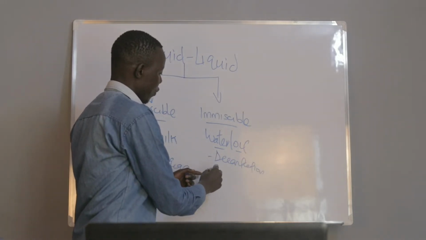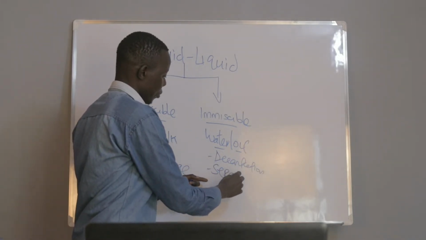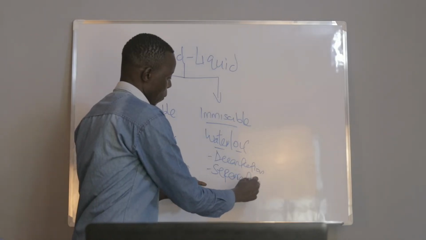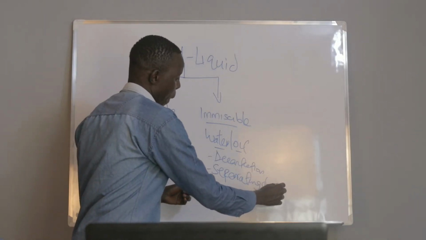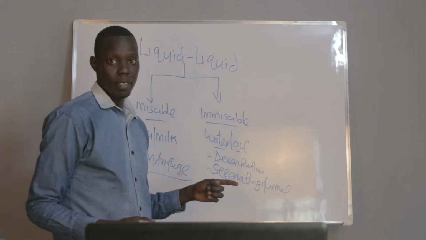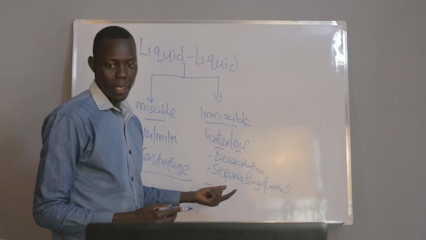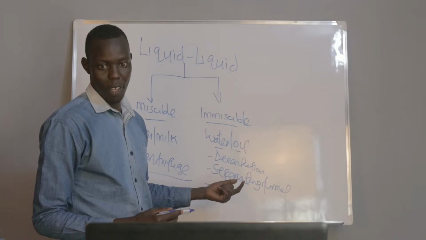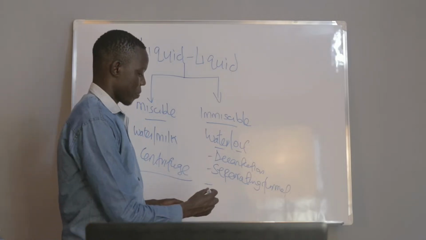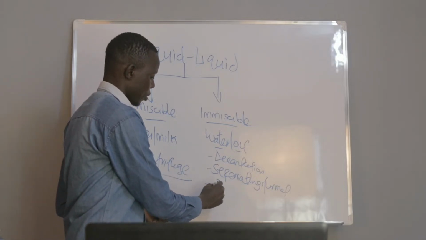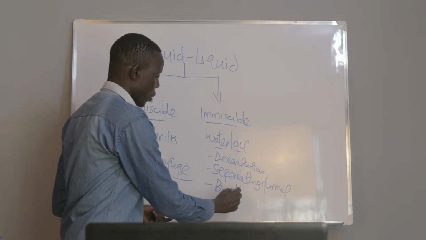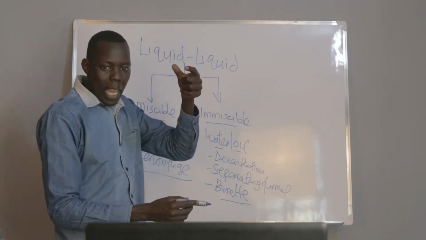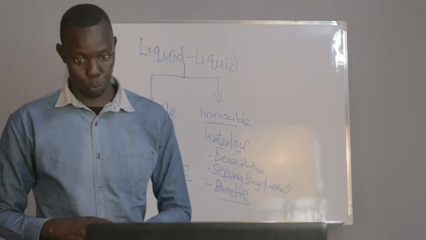You can use a separating funnel. You can also use another process that works well, like a separating funnel, is curate. Curate can work well. Unaifungulia mpaka mahali fulani, then you let it go.